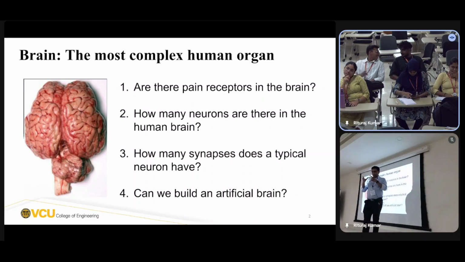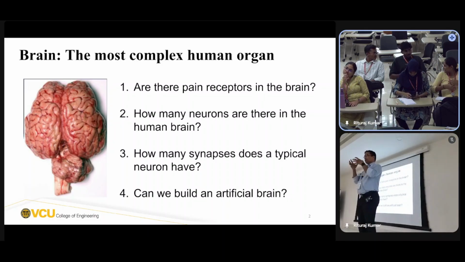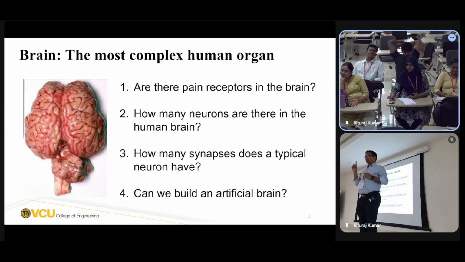That is 3.5 pounds of pink jelly mass that sits in between your ears, is responsible for who you are, what you represent, your emotions, your memories, everything. Everything you do is from this pink mass.